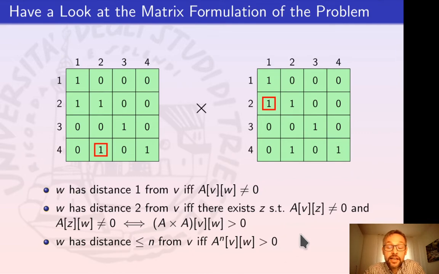Okay, so again, here we are able to test whether a node can reach another node by using a path having a maximum length, a bounded length from above, simply by observing the value in a matrix. Okay, this is quite clear.